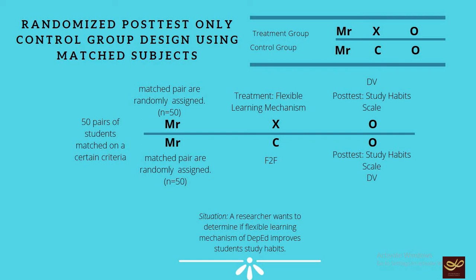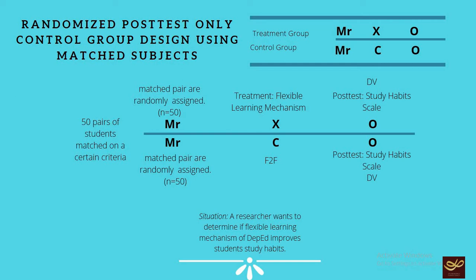What were the basis of the matching criteria? Of course, your literature review. The factors that were previously identified by other studies that have known effects to your particular outcome of the study. So using that matching criteria, you did match a certain group of students.